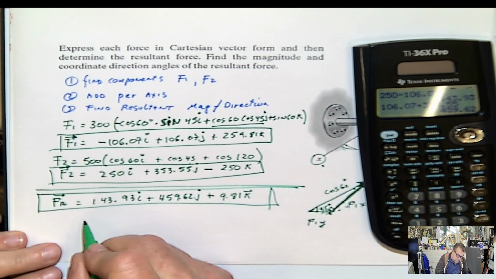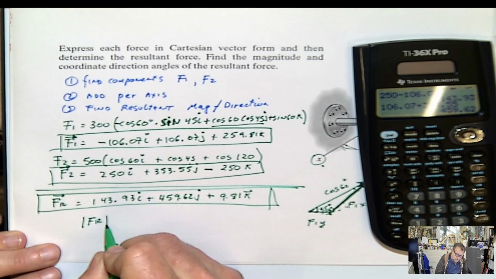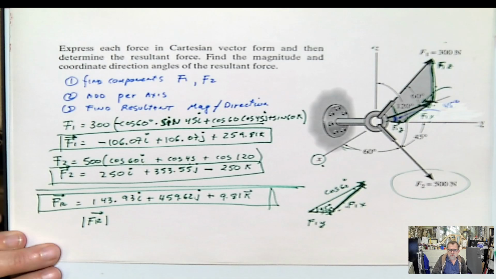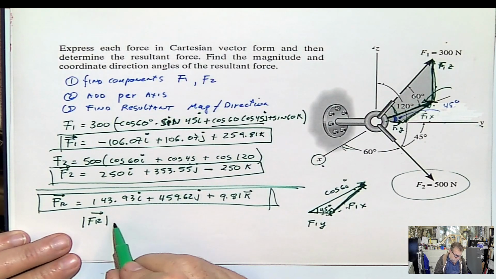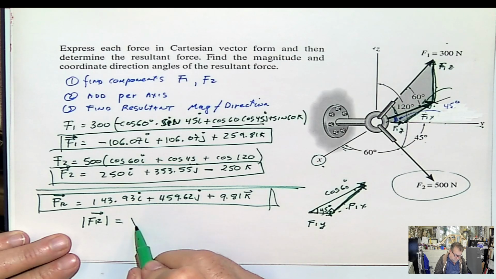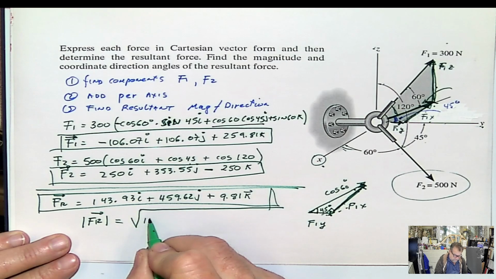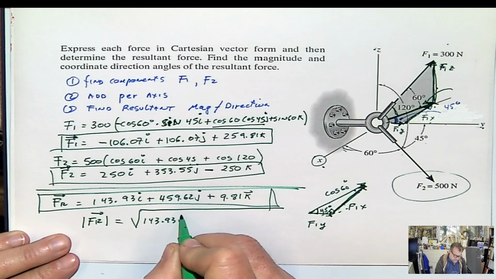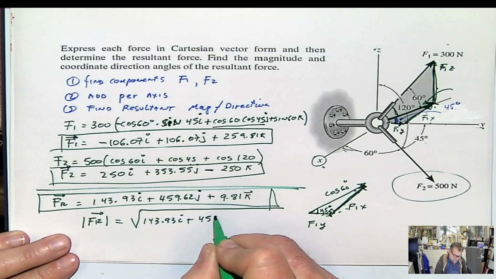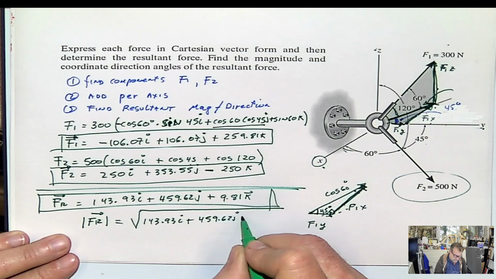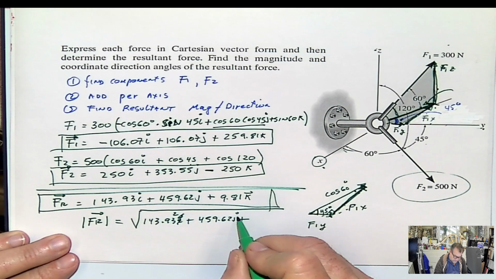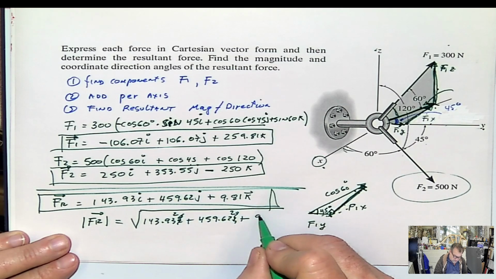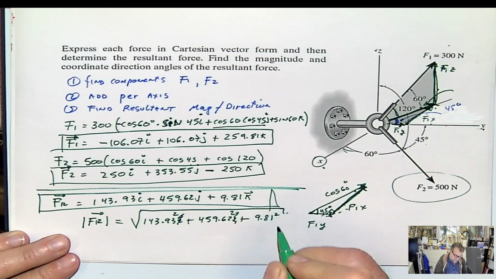Now the magnitude of the resultant force. It's just going to be a square root: the square root of the summation of the squares of the components. 143.93 squared, 459.62 squared, so you don't put the i anymore, and 9.81 squared.